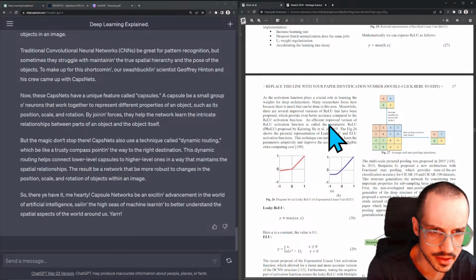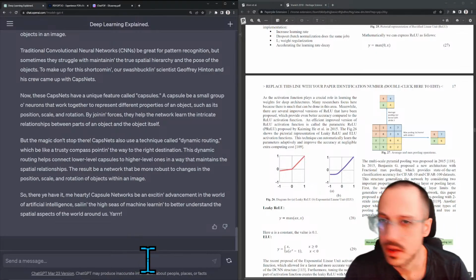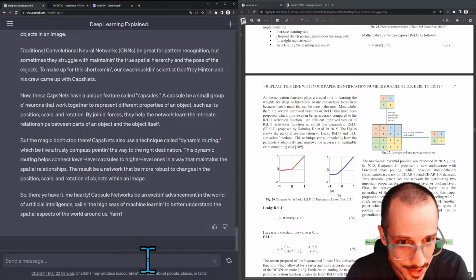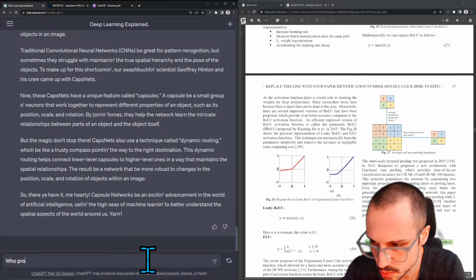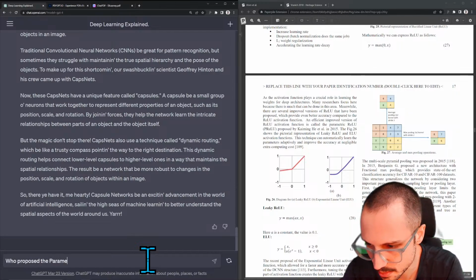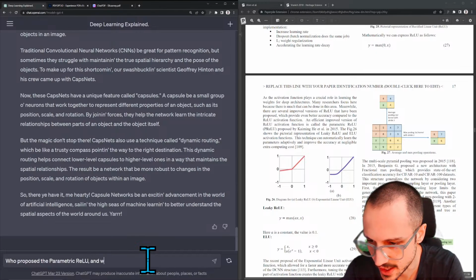So here's a weird one. Parametric ReLU, PReLU. This is pretty obscure. I wonder if GPT-4 probably does not know about that. Who proposed the parametric ReLU, and when did they propose it?